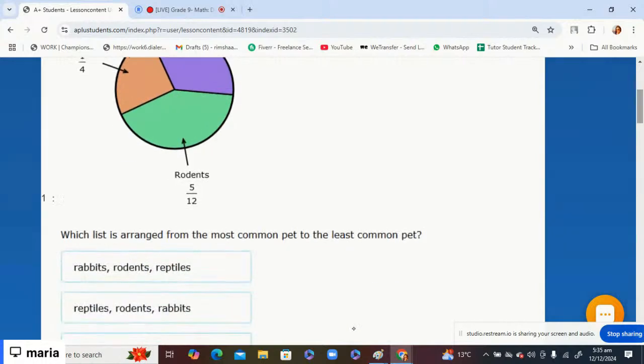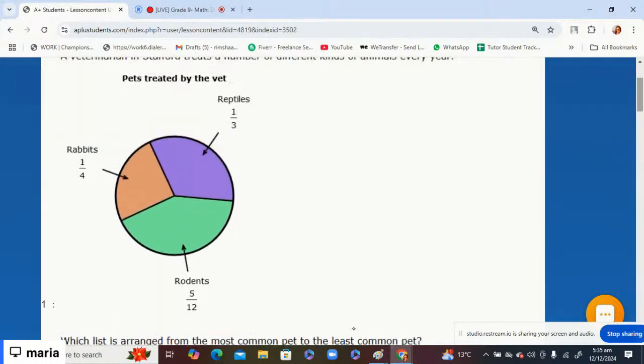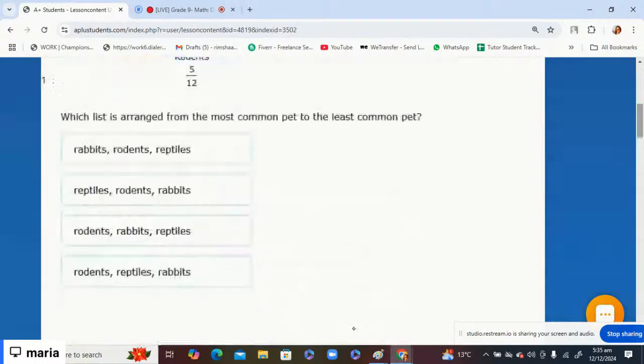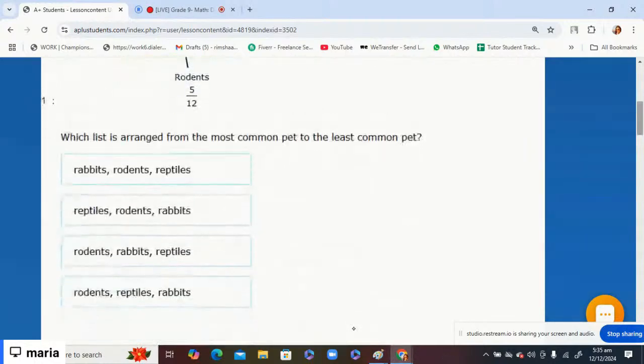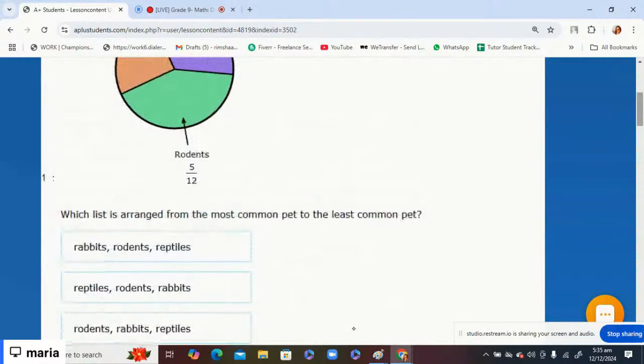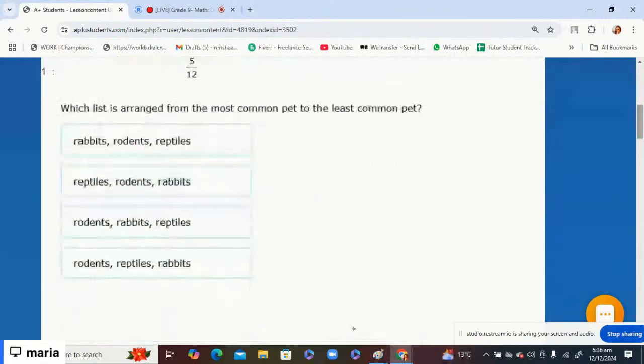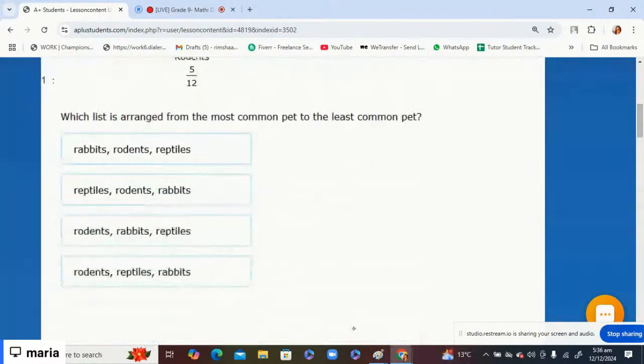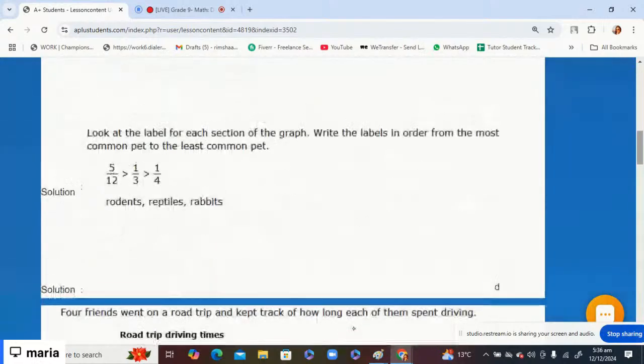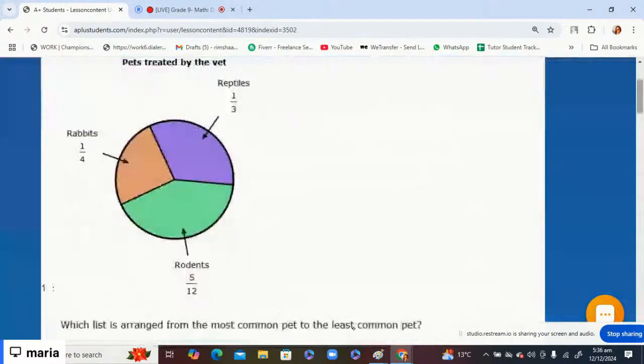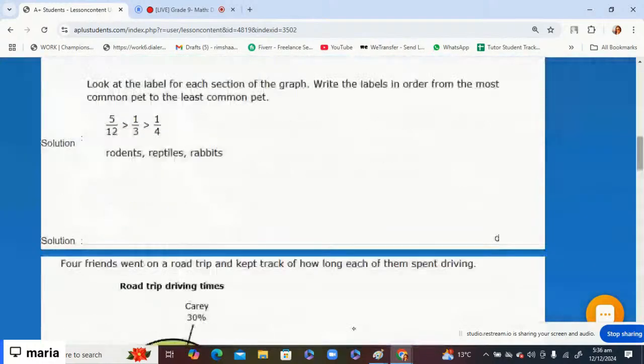So you are saying it's 5 by 12, then 1 by 3, and then 1 by 4, from the most common pet to the least common pet. So it's rodents, reptiles, and rabbits. This is the last option. Rodents are 5 by 12, then 1 by 3, and then 1 by 4.